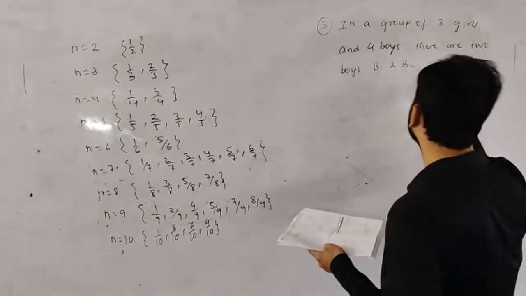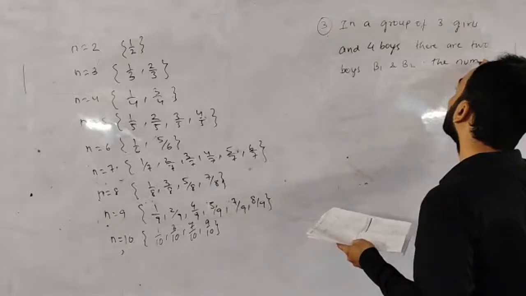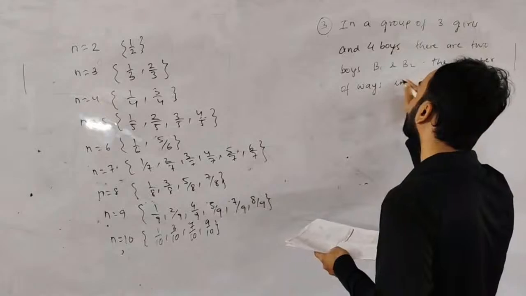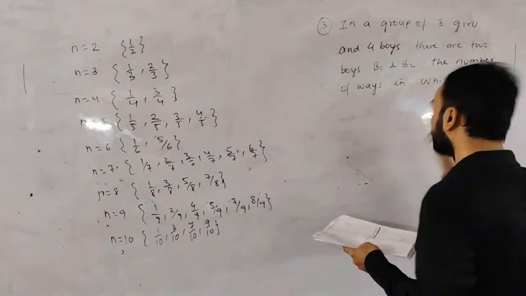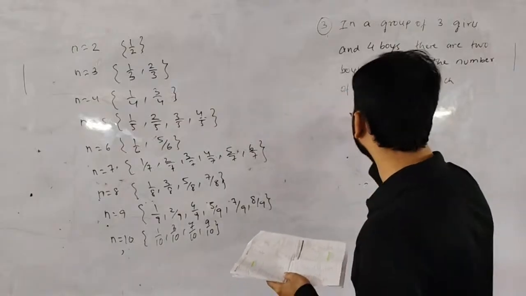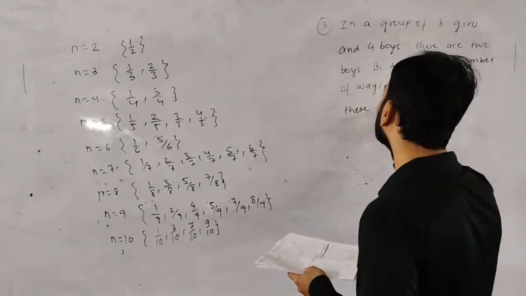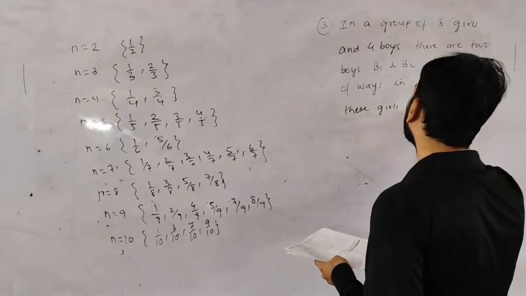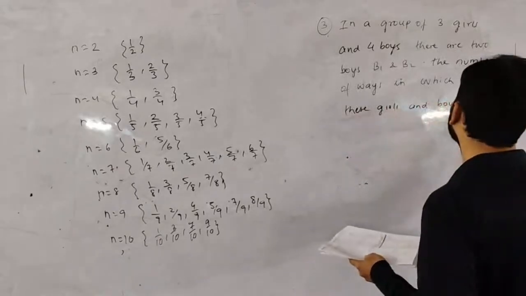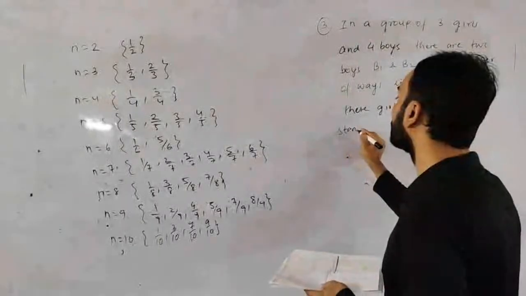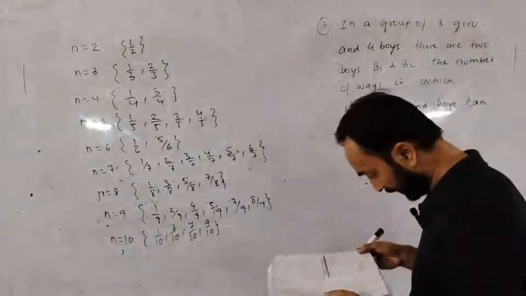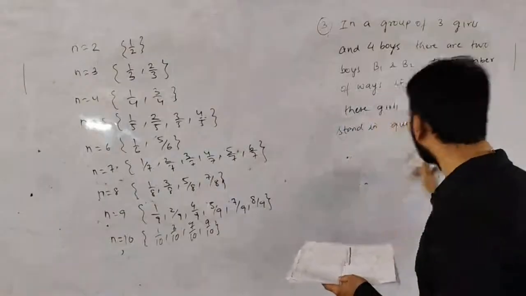The number of ways in which these girls and boys can stand in a queue, such that all girls stand together.